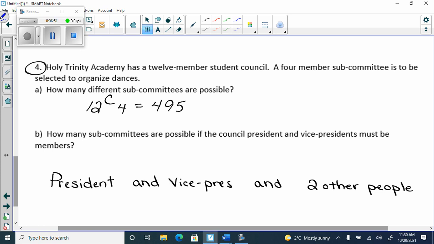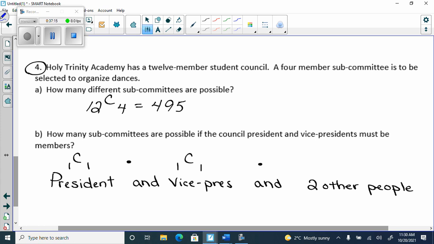Those are the people who are on the actual student council. So how do I guarantee getting the president? There's 1 president, and I choose them. And multiplication. How do I guarantee getting the vice president? There's 1 vice president, and I choose them.